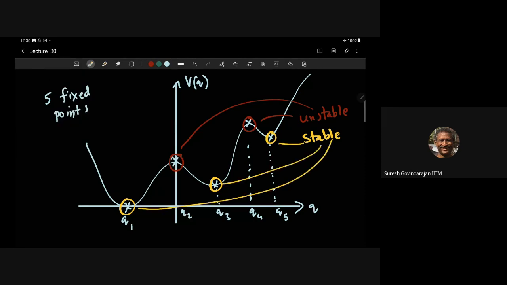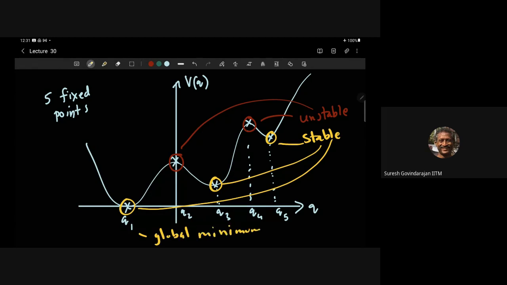So let me explain why. These are all stable, but you can see that if you ask for a global minimum, Q1 is the global minimum.